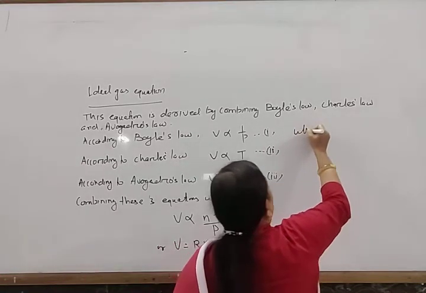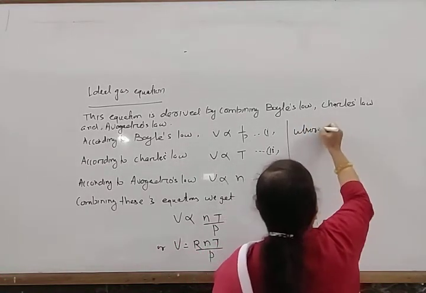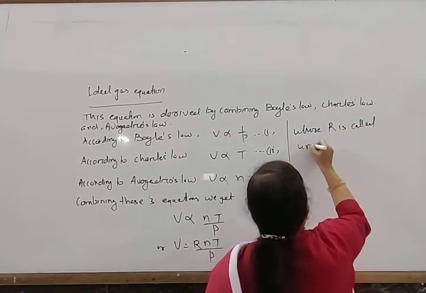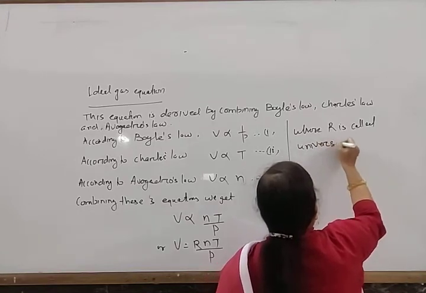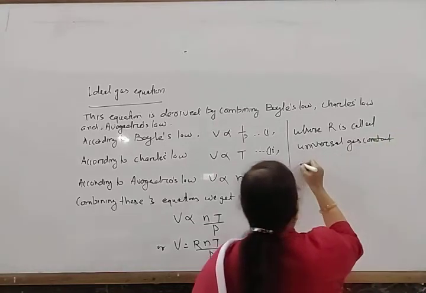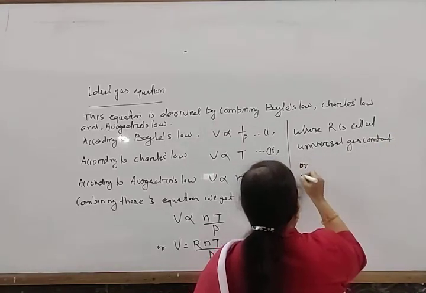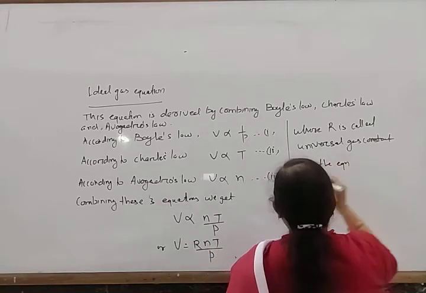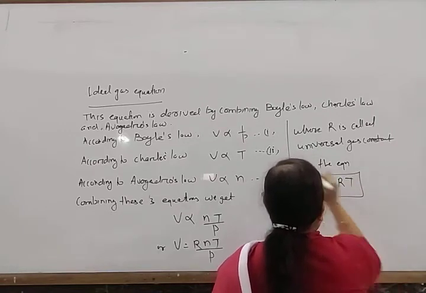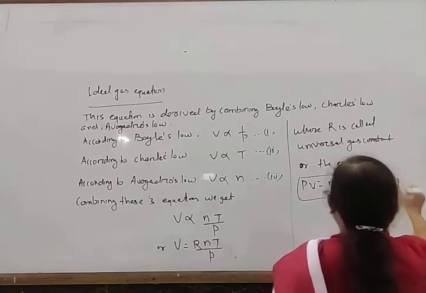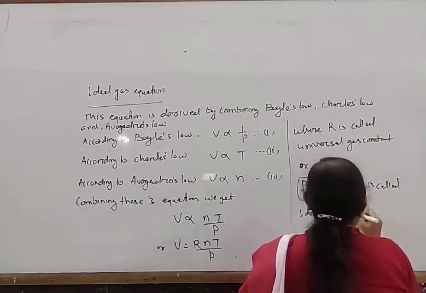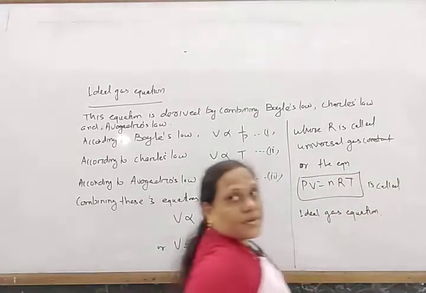Here R is called the universal gas constant, and the equation PV equal to nRT is called the ideal gas equation.